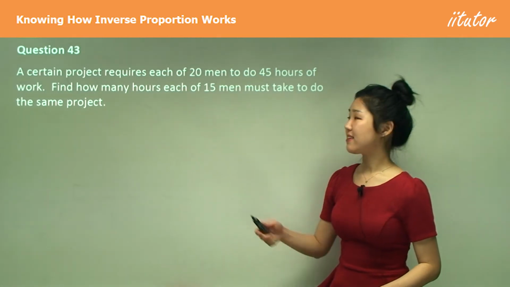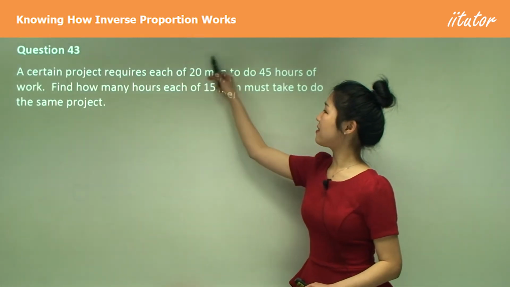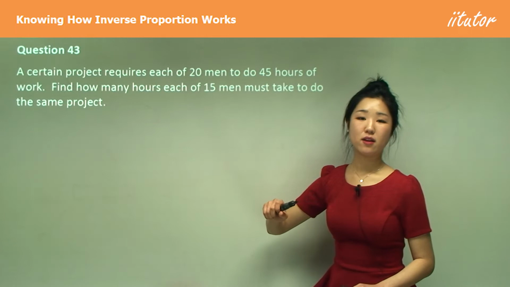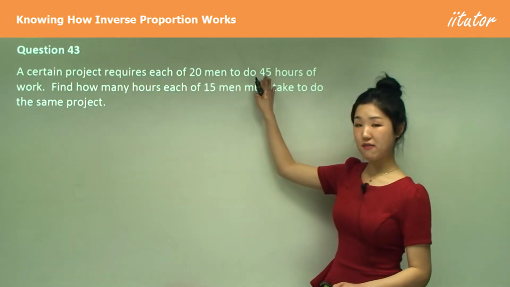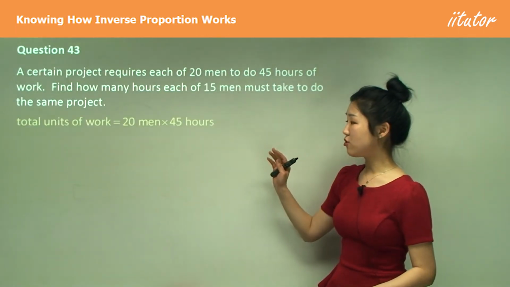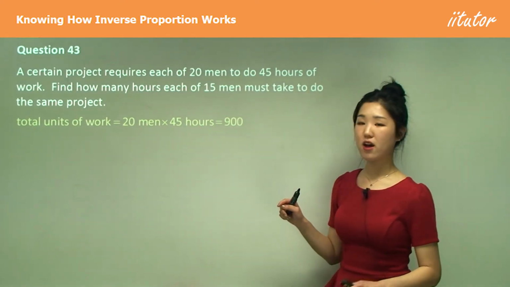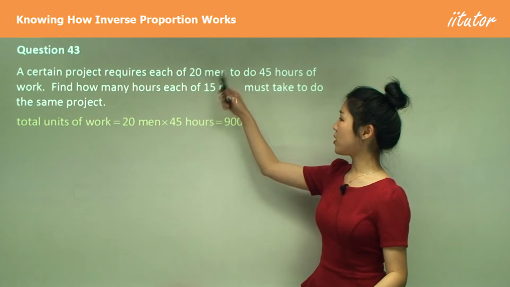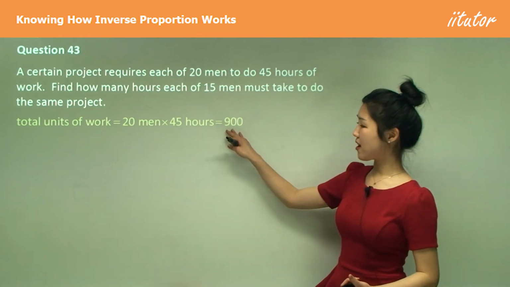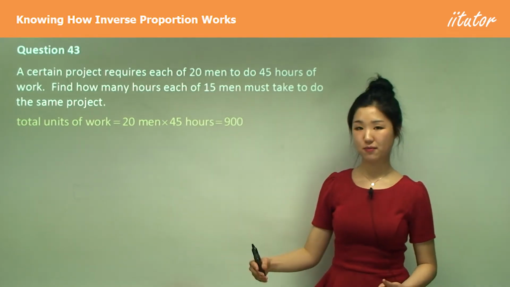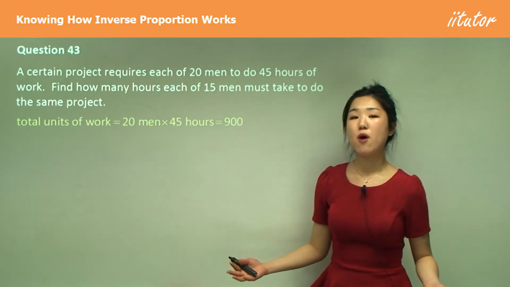We're going to calculate how much work it all takes for all of these men. For 20 men, it takes 45 hours each. So in total, 20 men times 45 gives us 900. These 20 men altogether take 900 hours to do the project. This is 900 hours' worth of project.